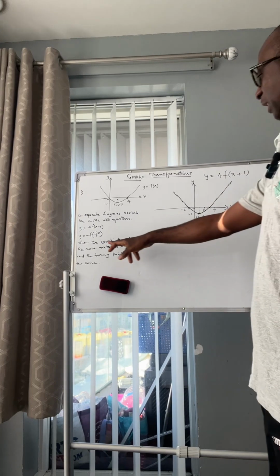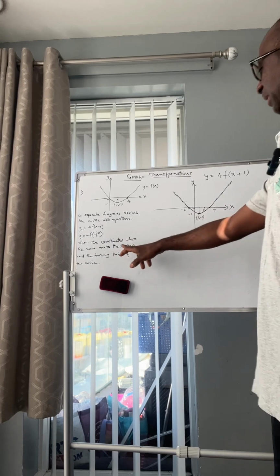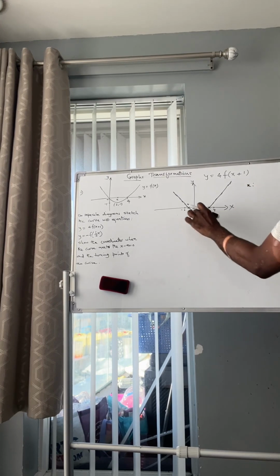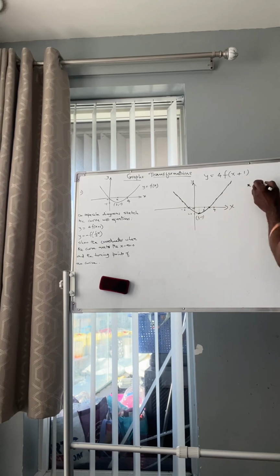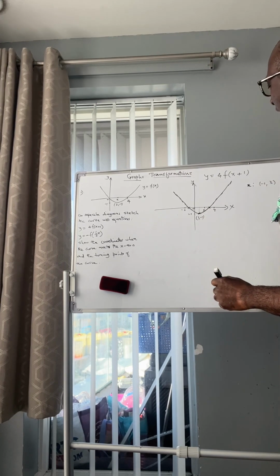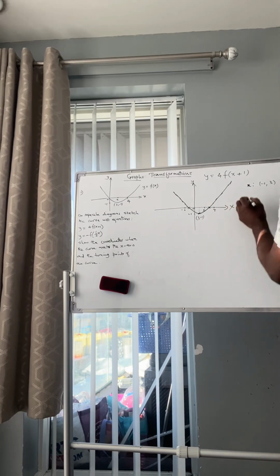And they ask us to find the coordinates where the curve meets the x-axis. So the x coordinate is now going to be -1 and 3 as the x coordinate, and the vertex is now going to be 1, -1.